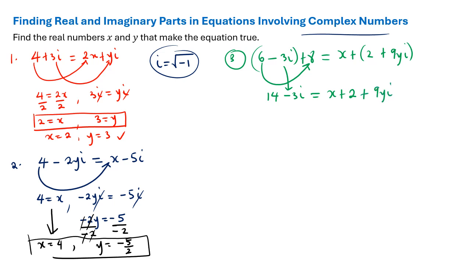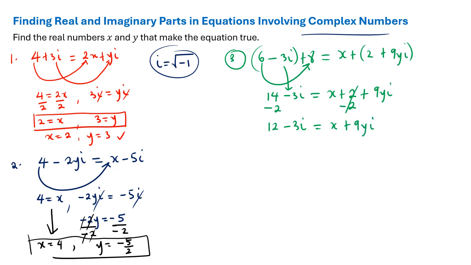What I'm going to do is subtract 2 from both sides so that I can isolate the variables. So I'll subtract 2 from both sides, cross 2 out, then I get 12 minus 3i is equal to x plus 9yi.